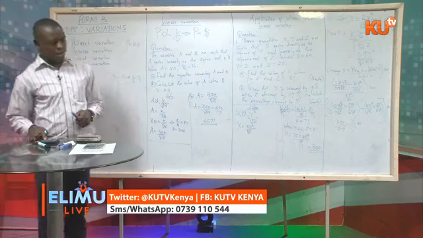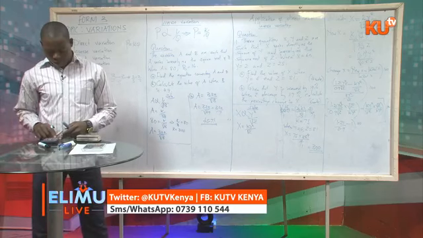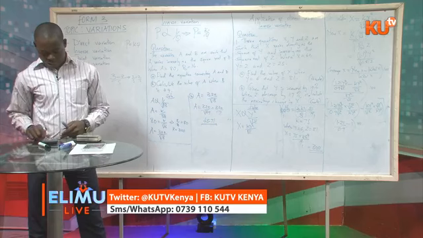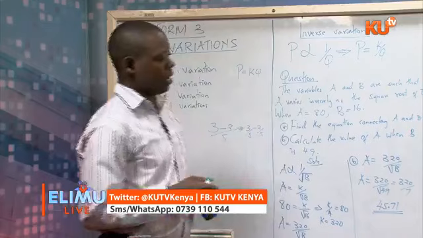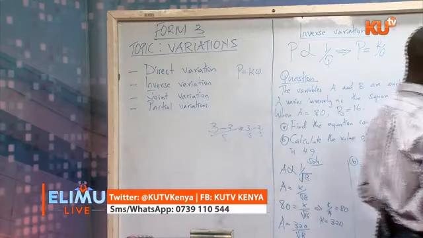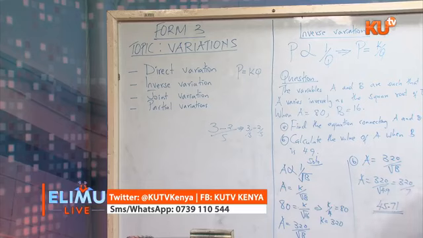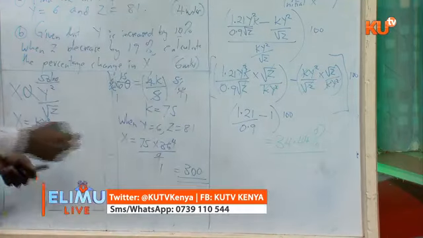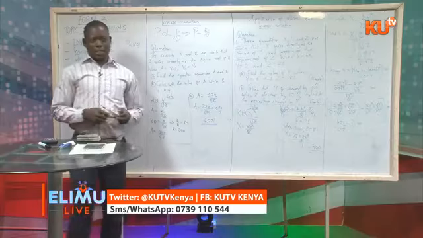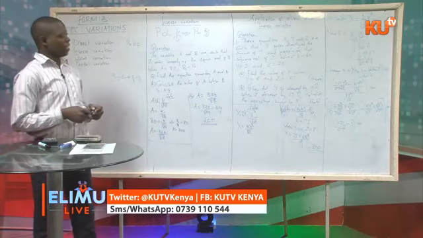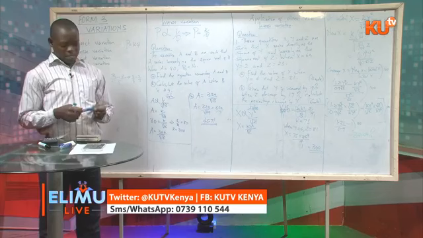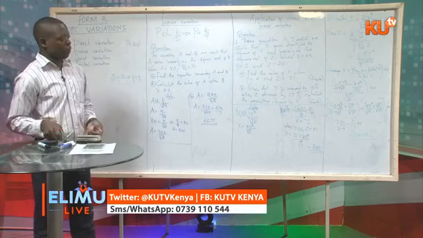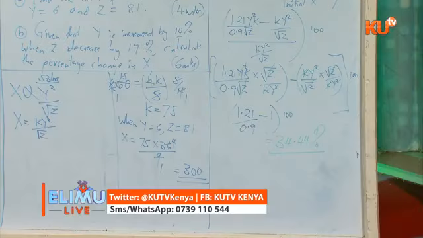That will be 1.21, we divide by 0.9, then we less 1. That is 34.44%. And so the percentage change in x after you've decreased z by 19% and increased y by 10% is 34.44%.